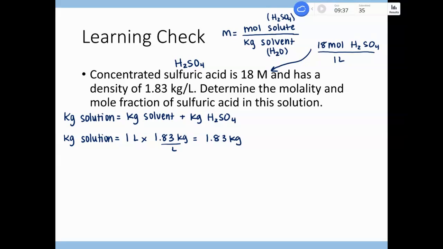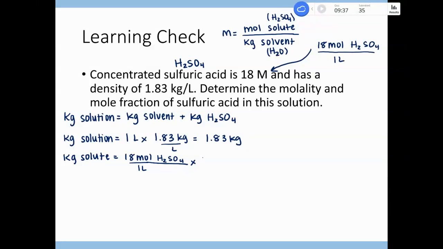We're looking for kilograms of solvent. We can calculate kilograms of the solute because we know the molarity. So we know in a 1 molar solution there are 18 moles of sulfuric acid. So we can convert 18 moles to kilograms of sulfuric acid. So kilograms of solute, so 18 moles H2SO4 in that 1 liter.